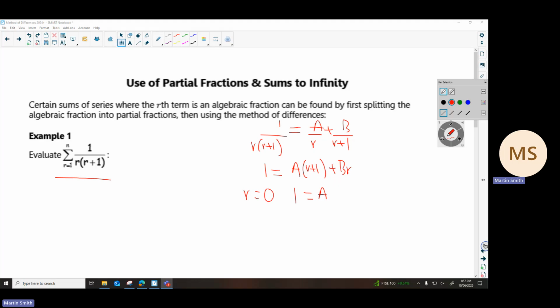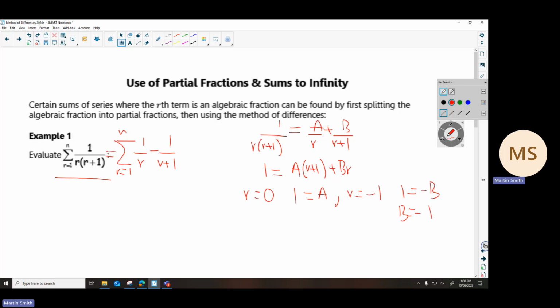And if you sub in r is equal to minus 1 to make r plus 1 equal to 0, you will get 1 is minus b. So therefore, b is minus 1. So what this means is the thing we're trying to sum is the same as the sum from r is 1 to n of a, which is 1 over r, plus b, which is minus 1 over r plus 1. And now we can use the method of differences.